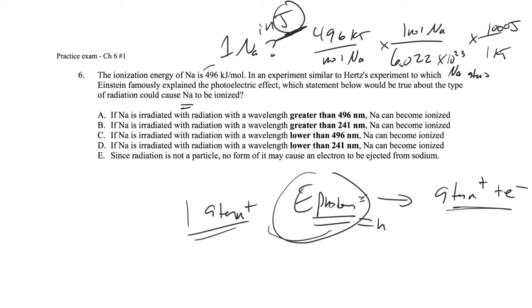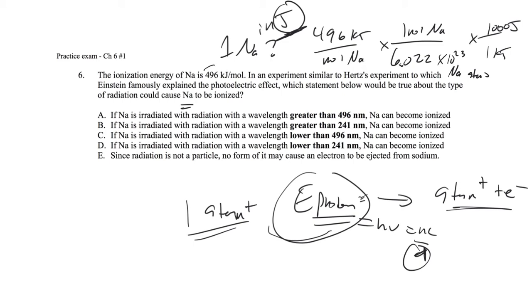And so E is equal to h nu equal to hc divided by lambda. So if I'm going to find the wavelength associated with the energy it takes to cause the atom to be ionized, I'm thinking one photon, one atom. So one atom of sodium requires 496 divided by 6.022 times 10 to the 23 times 1,000.